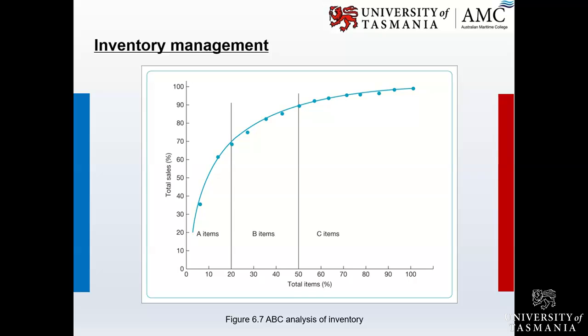So it is 50% of items, and they will contribute to total sales with a percentage of 15. So based on the percentage of items and the percentage of contribution to total sales, we can identify A items, B items, and C items.